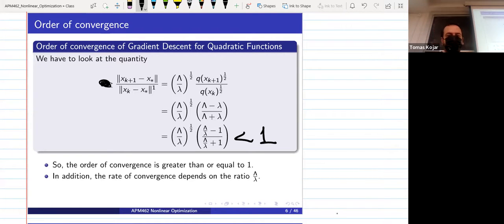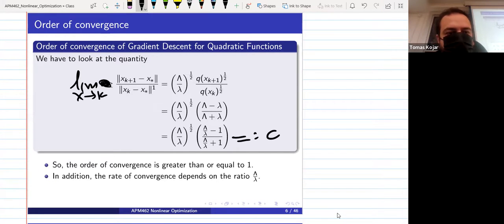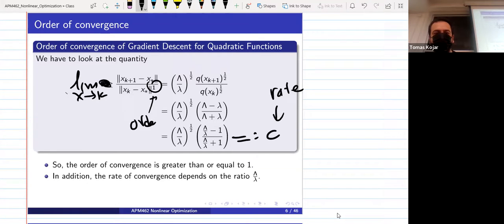So call this, we called it C, right? So what we were doing, we were taking a limit in x_k, right? And this x_k would just be bounded by this constant c, which we call the rate. So this is called the rate. And this exponent is called the order.